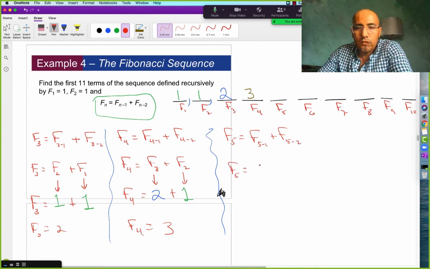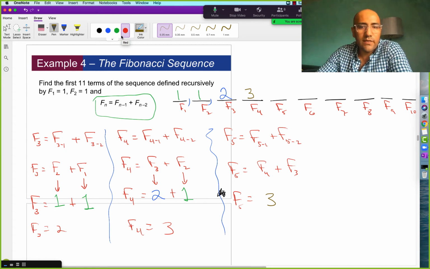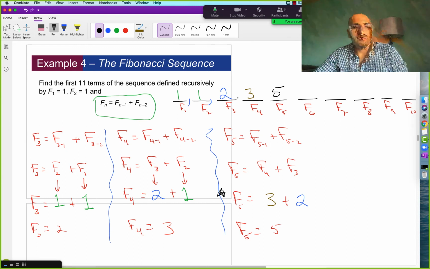So f of 5 equals f of 4 plus f of 3. F of 5 is equal to f of 4, which we just discovered as this 3, plus f of 3, which was a 2. So f of 5 equals 5. Good. Black. 5. So there, we got the first 5 numbers now.